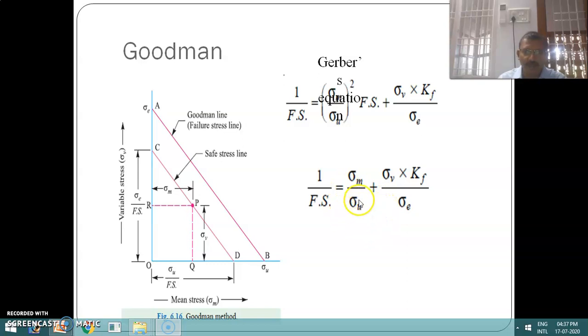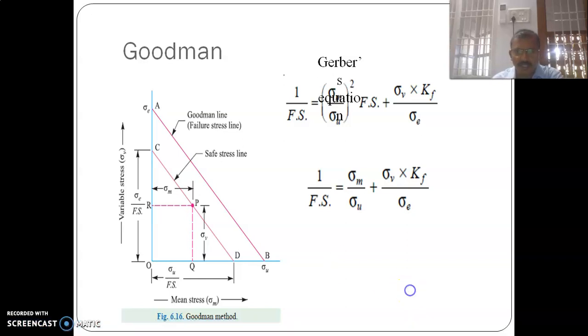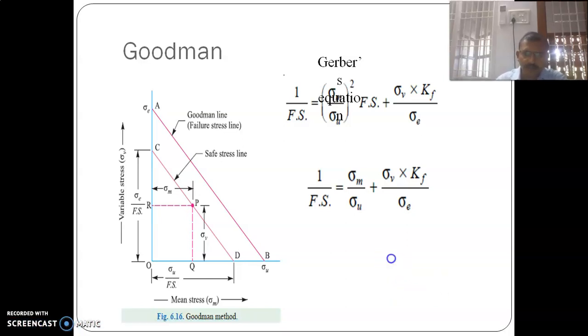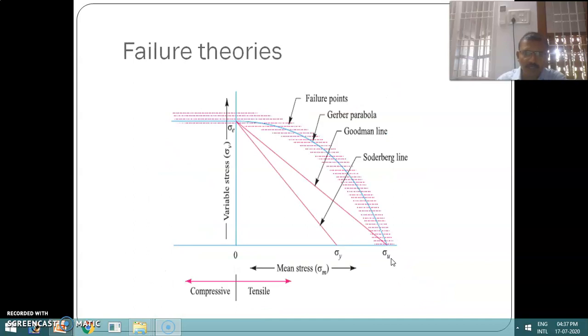Here we are using sigma u, the ultimate strength, because it is used for brittle materials. The next equation is the Soderberg equation.